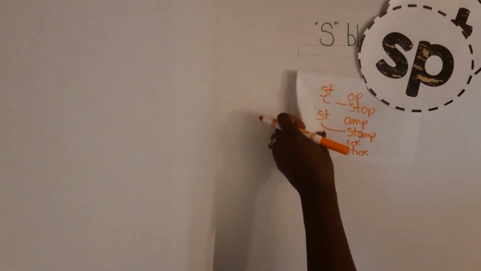And then the last one that we'll work on is SP. SP says sp. So if I have SP and I have OT at the end, SP says sp, and OT says ot, I have spot.